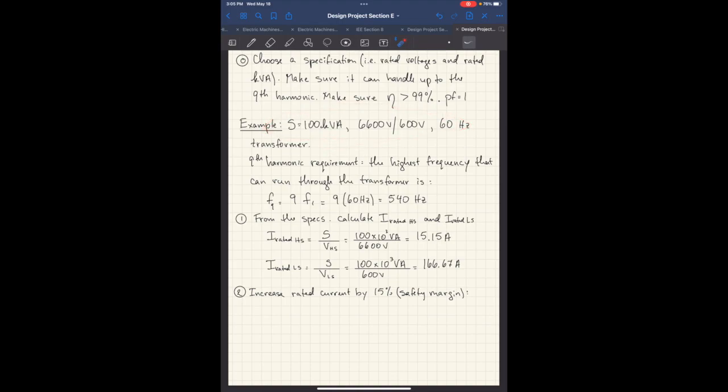It can handle, based on calculations, these rated currents. However, they don't know that we designed the transformer to handle 15% over these values. So just in case something goes wrong, the transformer is not going to get damaged. It'll be able to handle a little bit more than this.